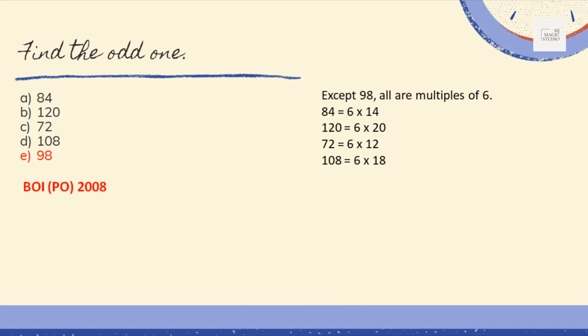It is 98, because except 98 all are multiples of 6, or maybe 12 also. 12 into 7 is 84, 12 into 10, 12 into 6, and then 12 into 9. 98 is not a multiple of 12. Fine. Next one.